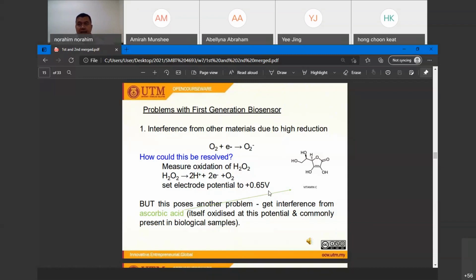If you send any biological sample, you will usually detect ascorbic acid. So ascorbic acid will give you interference in the signals. When there is interference, your data will not be accurate.